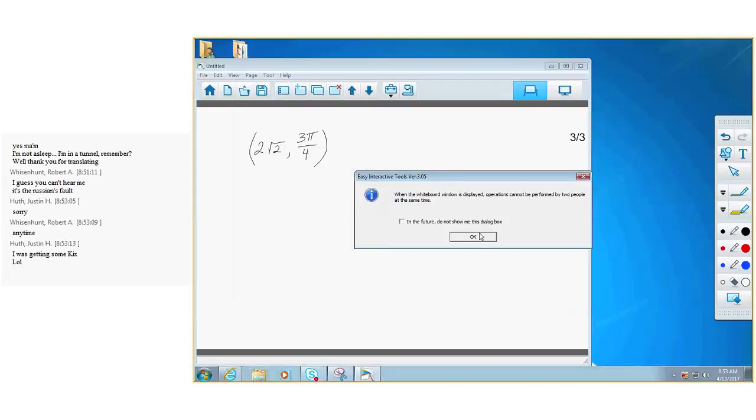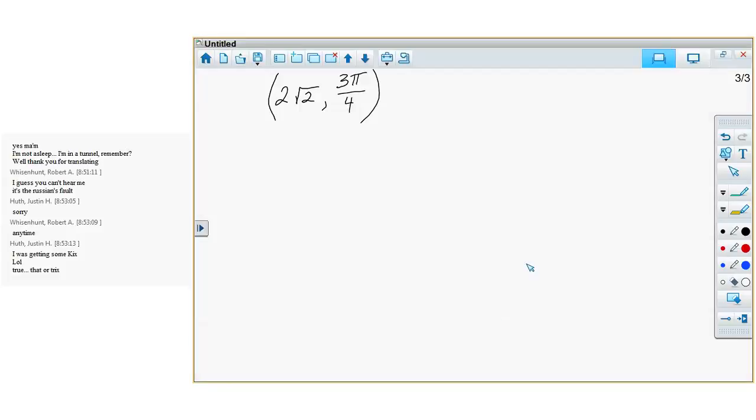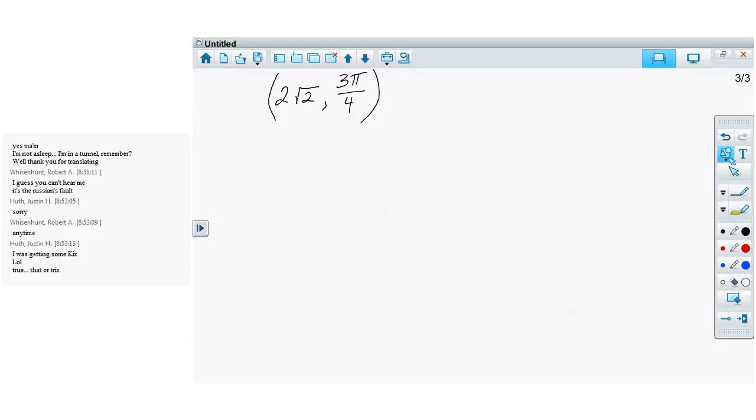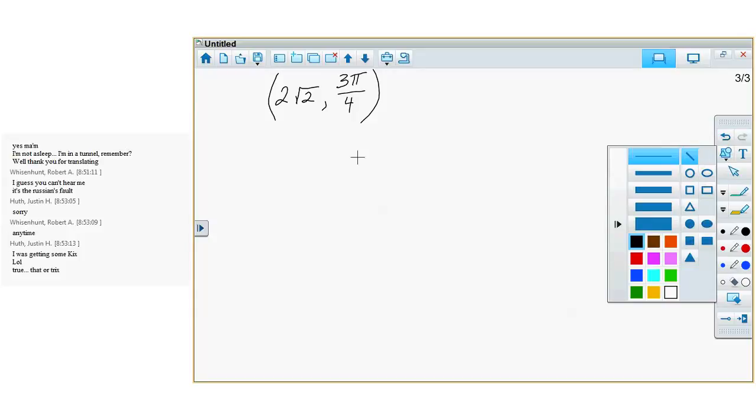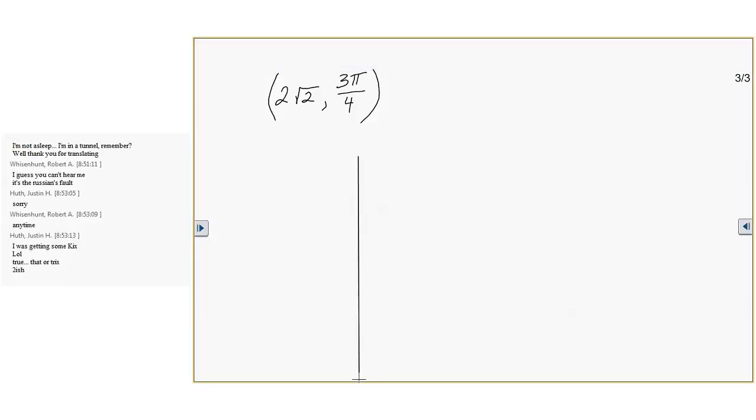All right, we get back to work since y'all finished. Well, 2 times square root of 2 is 2.82. So that's pretty simple. 3 pi over 4, what's that? Okay. No interaction. I'll just draw a dadgum graph. And what is it, like 3 pi over 4, times 180 over pi.